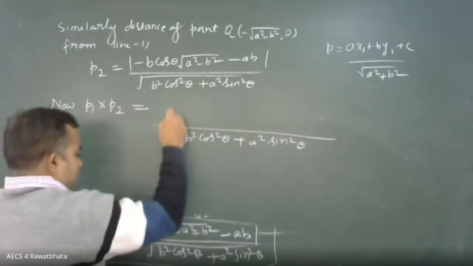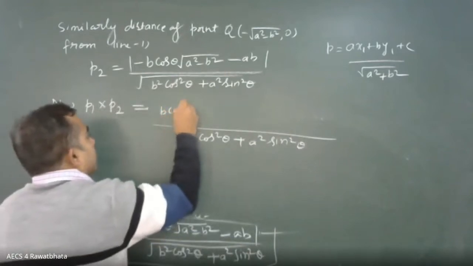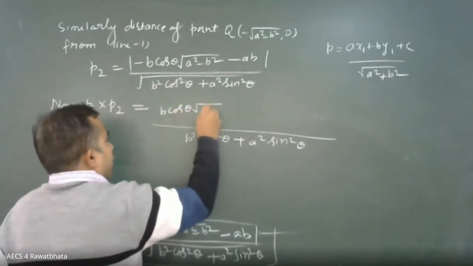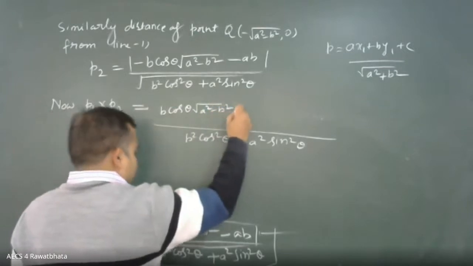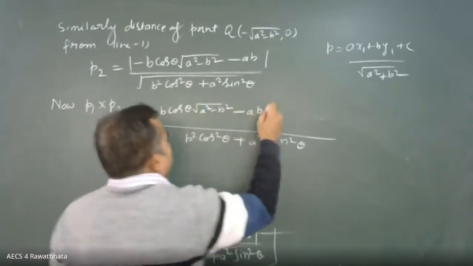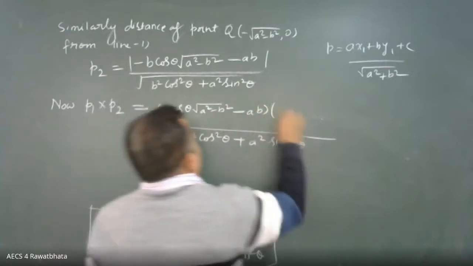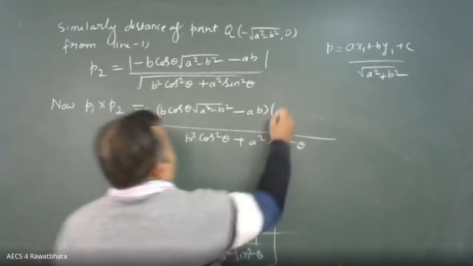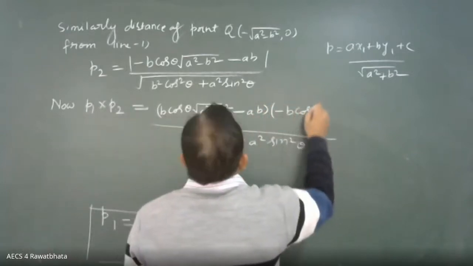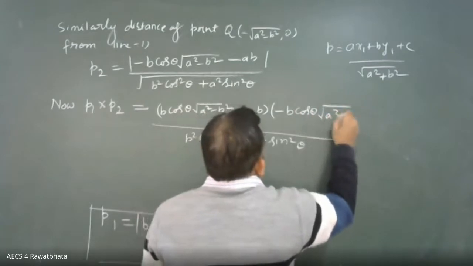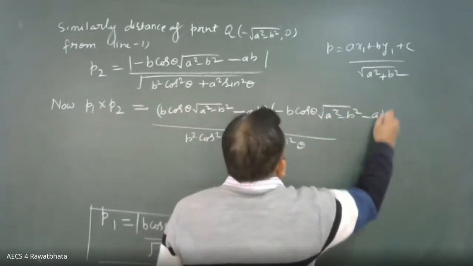In the numerator, b cos theta root a square minus b square minus ab into minus b cos theta root a square minus b square minus ab.